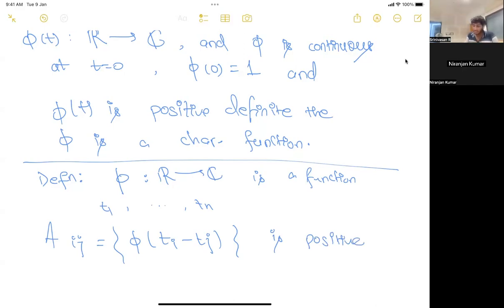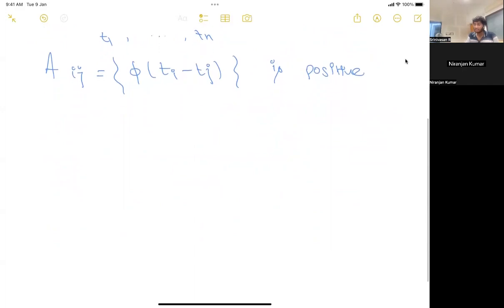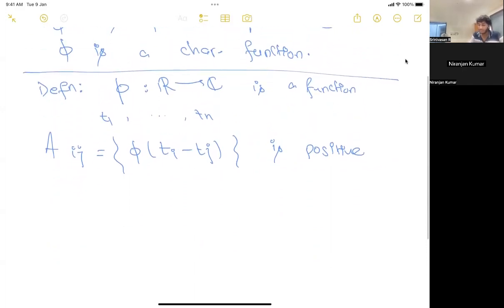If this holds for all n real points t1 up to tn, then we call the function positive definite.